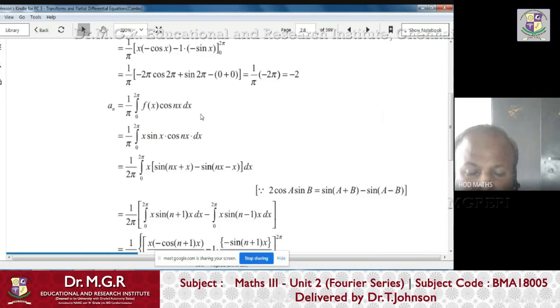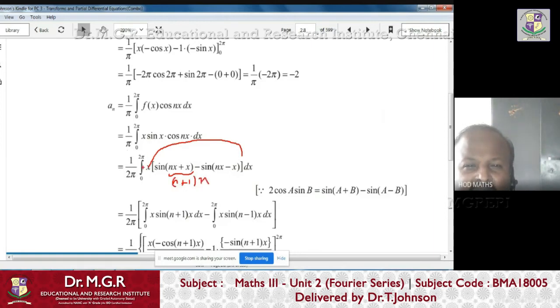Now you can take this x inside, that is x into sin of n plus 1 of x separately, that is the first integral, and then x into sin of n minus 1 of x. So you have two integrals, one with x into sin of n plus 1 of x.